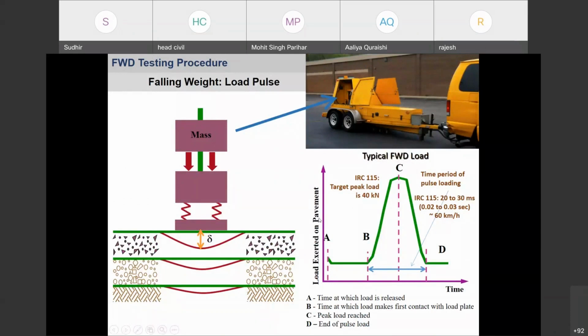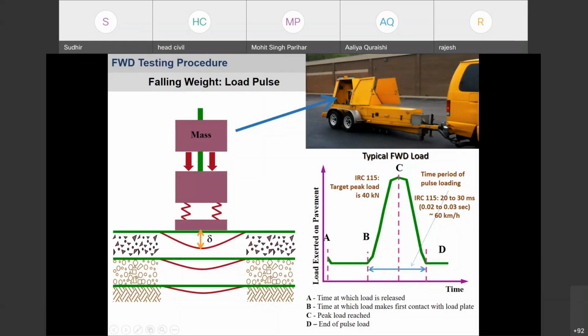load exerted on the pavement versus time. So there is a time period between A and B. From A to B, the mass is traveling, and at point B, the mass has just started contact with the plate. As the mass makes contact with the plate, the load will increase, and as the mass starts to rebound back, the load on the plate will start to reduce.